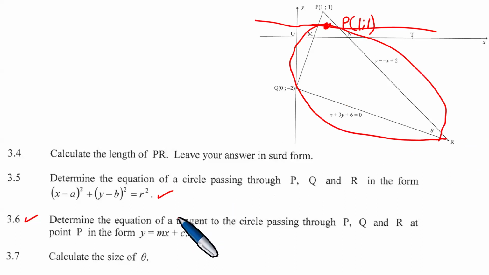Now, if the tangent is there, how do we proceed to find the equation of a tangent? Very easy. But first, the equation of a tangent is a line in the form y equals mx plus c. This equation of a line is called the slope intercept form.